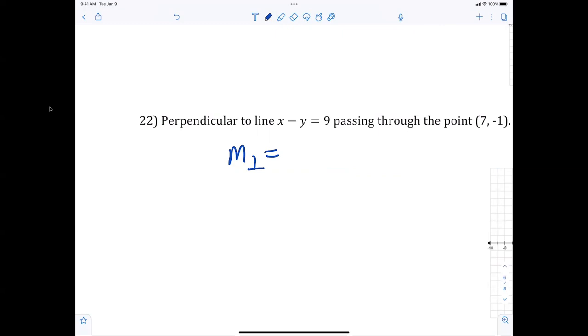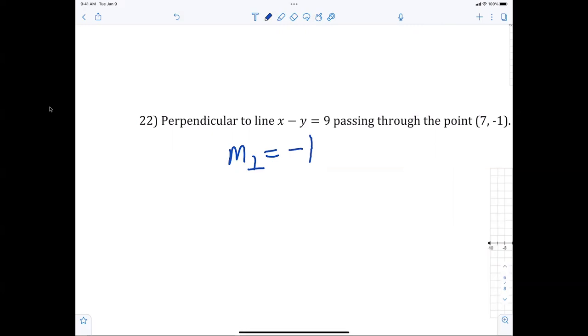It's -1. Oh, thank you for the clarification, Ella. It's not 1, it's 1 over 1. I like that. I said the slope of the perpendicular line. Sophia, tell us. Thank you. -1. Beautiful.